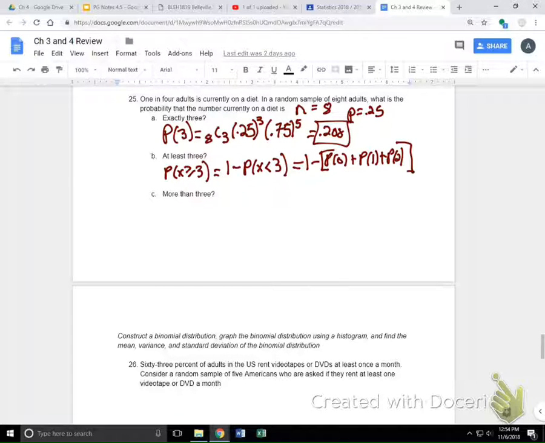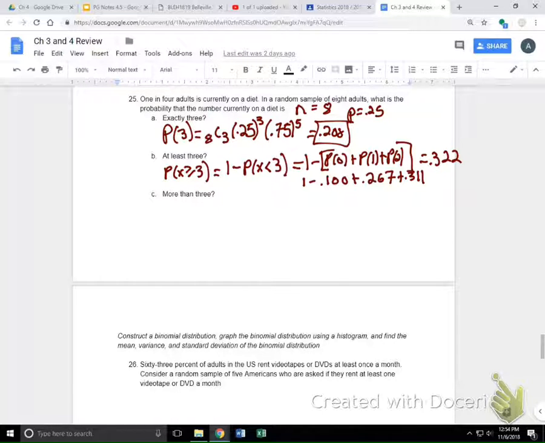Since I want everything that's 3 or greater, I could do 3, 4, 5, 6, 7, 8, or I could just know that everything that's not in that is what I can find. So I found 0, 1, and 2, and I subtracted that from 1, then that's going to be the probability I'm looking for. So this works out to being 1 minus 0.100 plus 0.267 plus 0.311. This is going to give me 0.322.